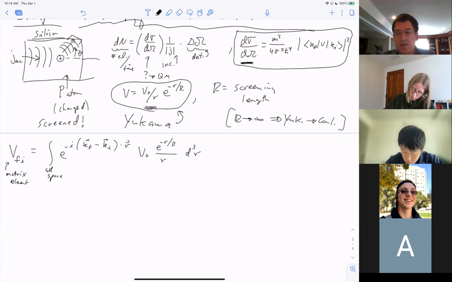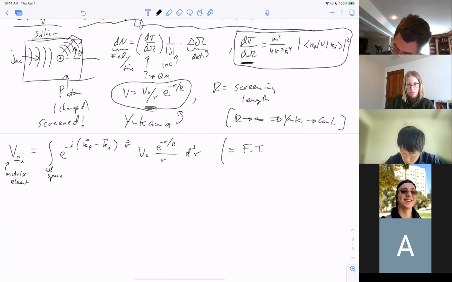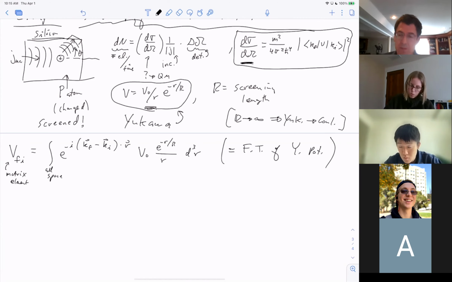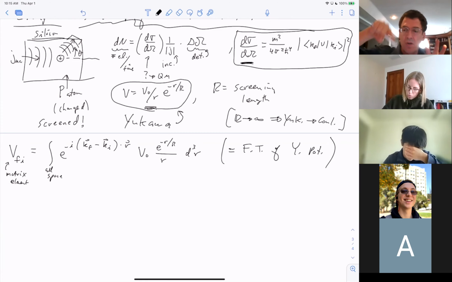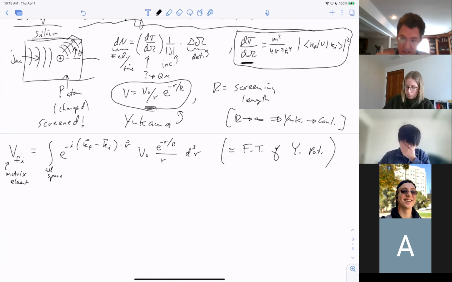Basically, this is just the Fourier transform of the Yukawa potential, because I just want to know the Fourier component strength at the transferred momentum wave vector. That's the whole point, to conserve momentum.